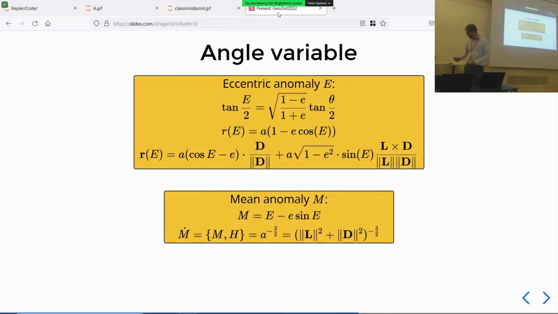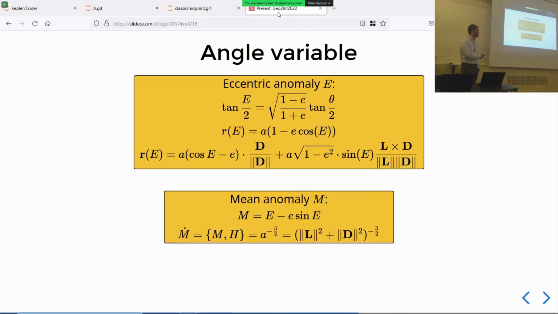I'll skip a bit through this. You need to do some reparameterization in terms of something called the eccentric anomaly, and finally you have something called the mean anomaly, given by this, and that's actually the angle coordinate, the one I described.